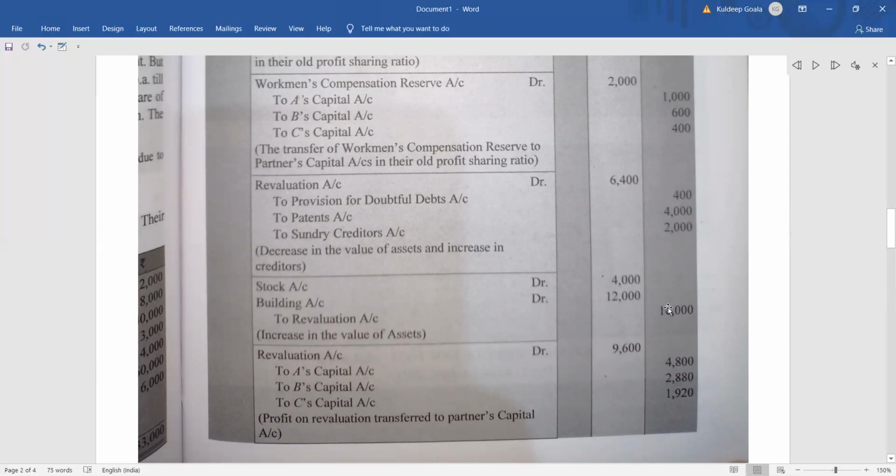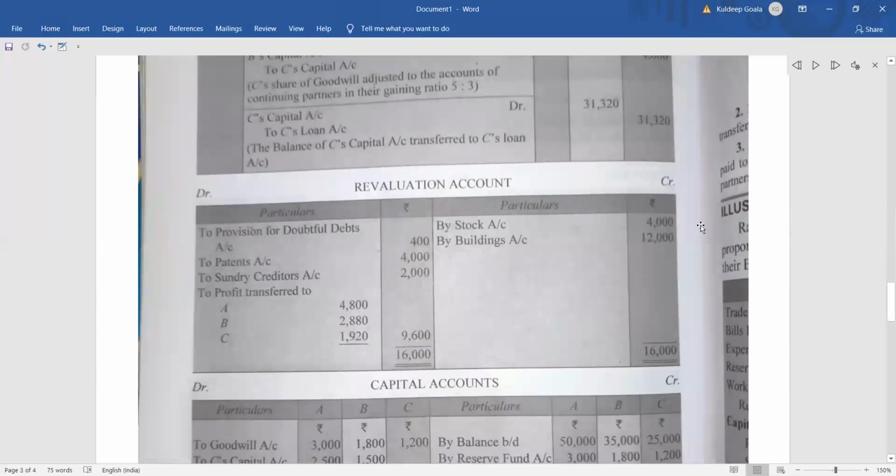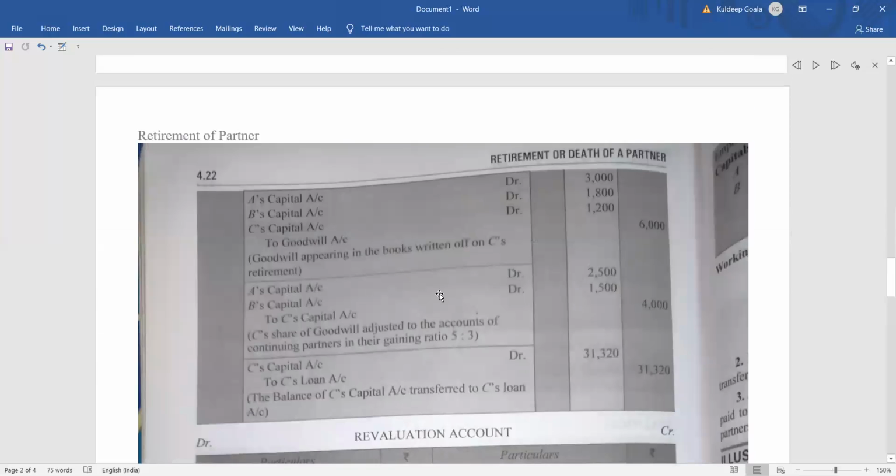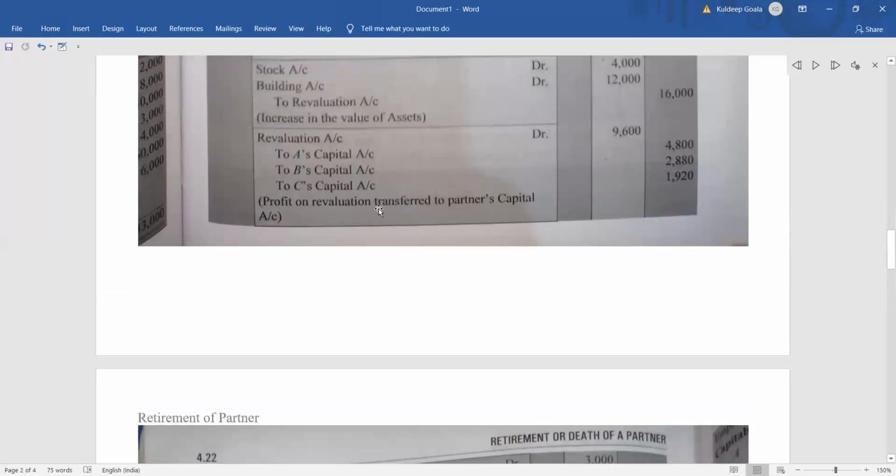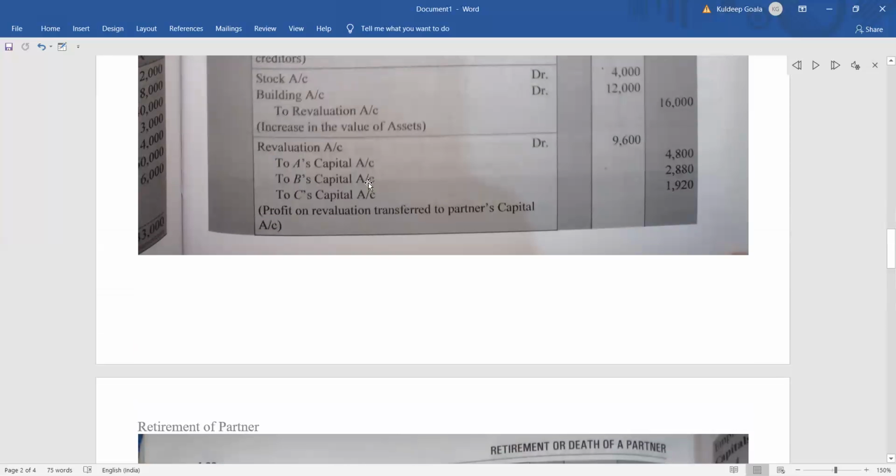Revaluation account credit side, by stock, by building, 4,000 and 12,000 respectively. After that, do the balancing and transfer the profit to A, B and C as 4,800, 2,880 and 1,920. Revaluation account debit side, to A's capital account, B's capital account, C's capital account. Clear?